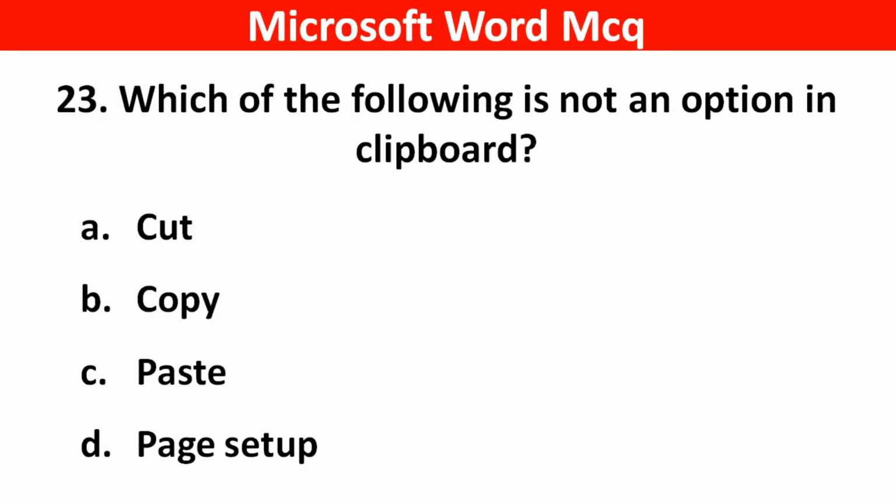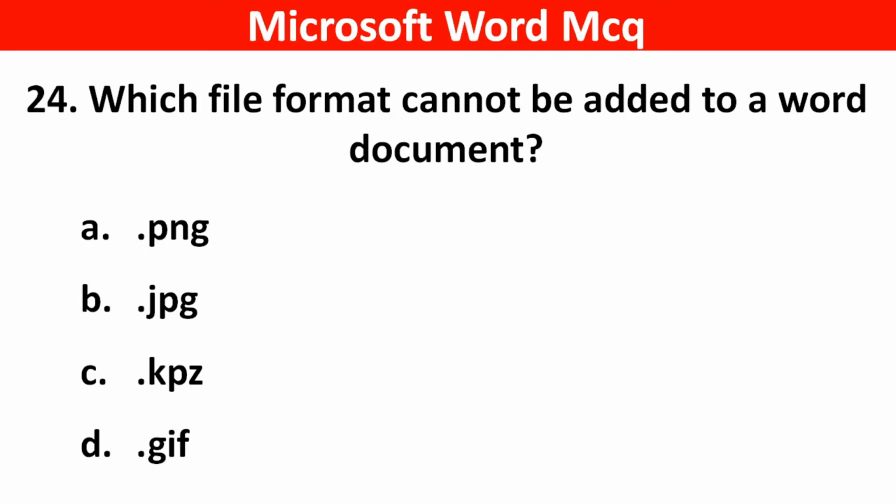Next question, which of the following is not an option in Clipboard? Right answer is option D, Page Setup. Next question, which file format cannot be added to a Word document?